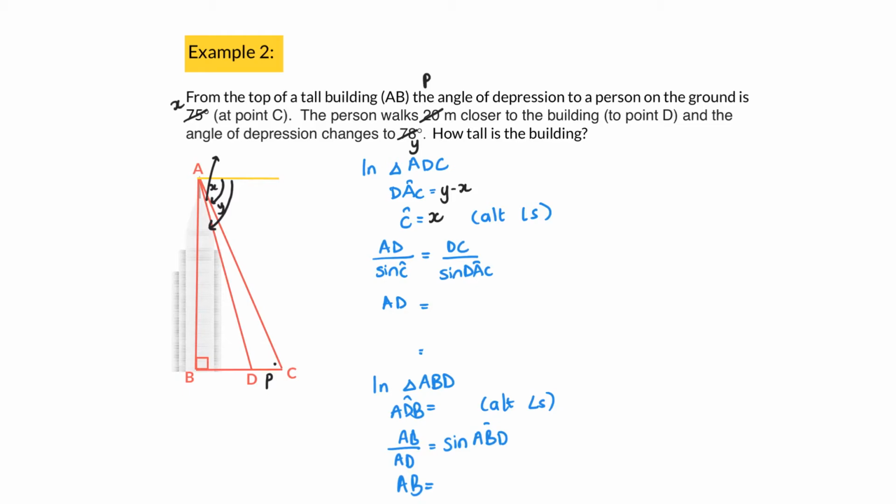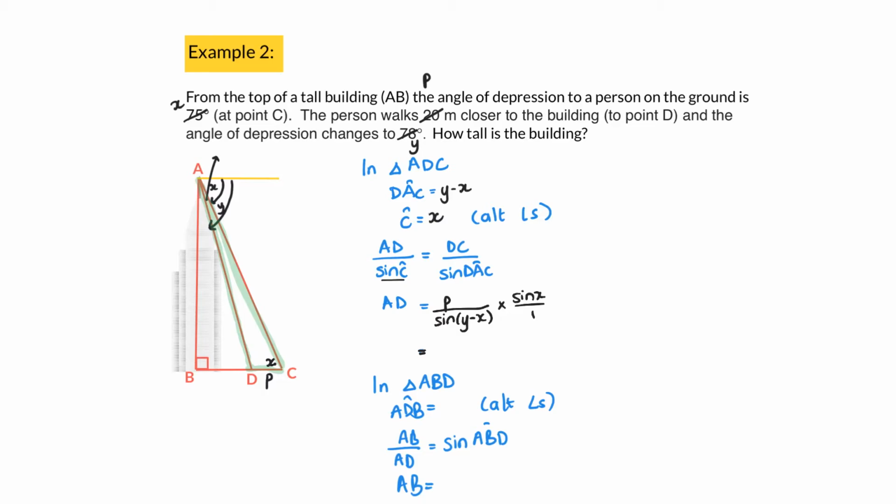The reason for doing this is we were working in triangle ADC, and I want to use the sine rule. So AD out of sine C is equal to DC out of sine DAC. DC is P. Sine DAC is sine of Y minus X. And let's multiply both sides by sine of C, which is sine of X out of 1.